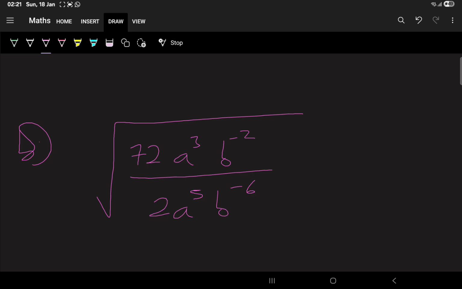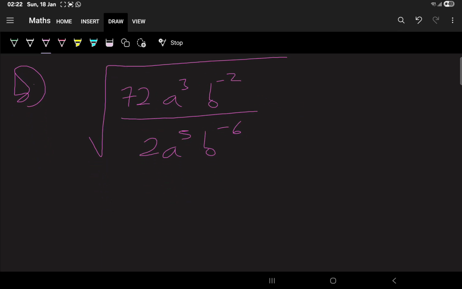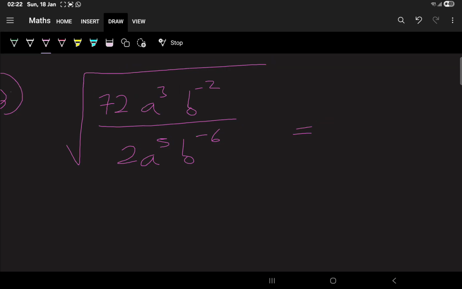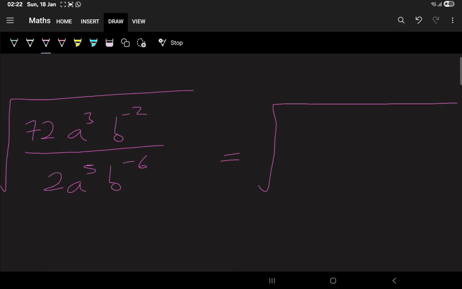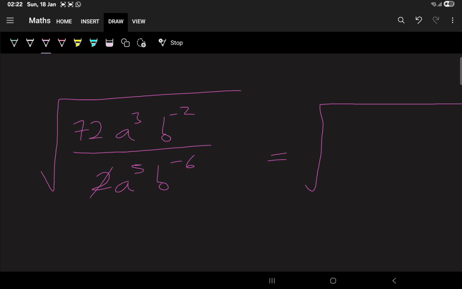Now as I'm solving, please do feel free to pause the video, copy down the question and attempt it for yourself. It will aid in your learning process. Continuing with the question, this is going to simplify to be, now 2 can divide 72 and we're going to have 36.